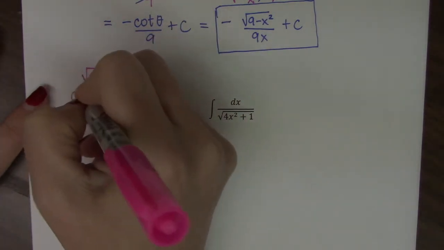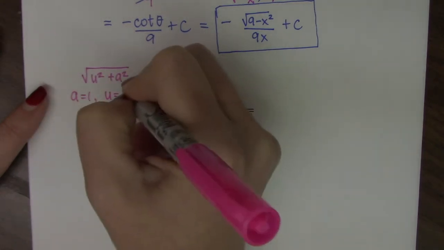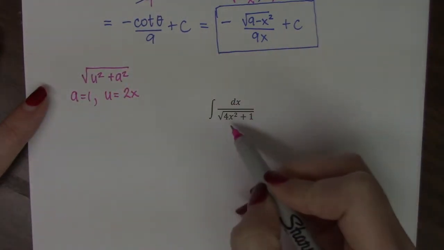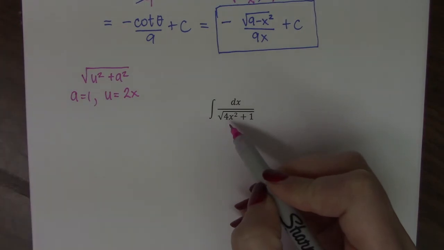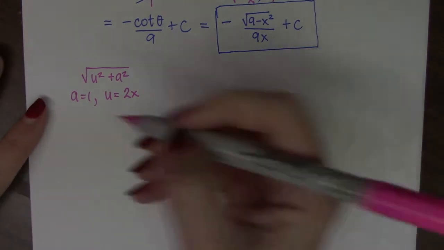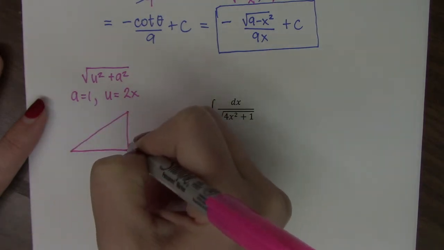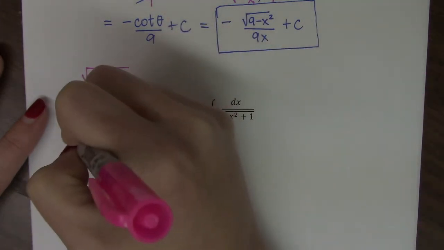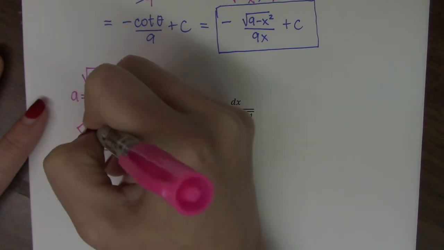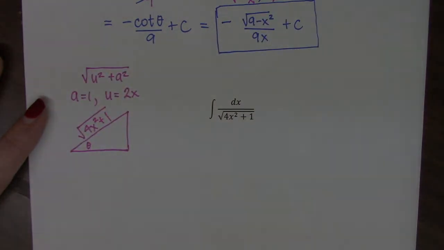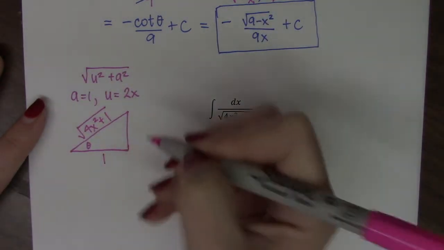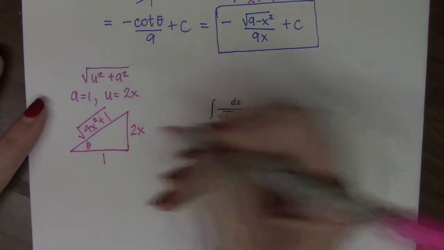So our a here is 1, and our u is 2x, because this is 4x squared, so the square root of that would be 2x. If we set up our triangle for this problem, theta is always here. The radical is the hypotenuse in this case, so the base is a, and the height is u.